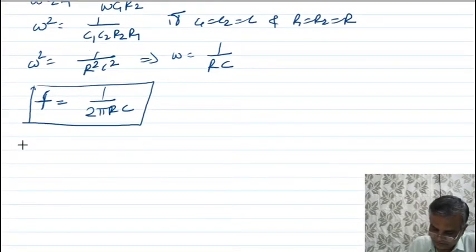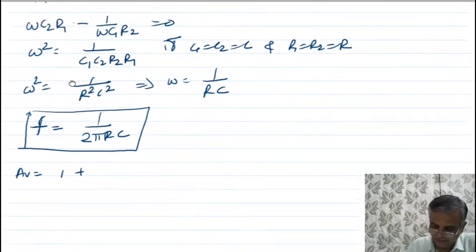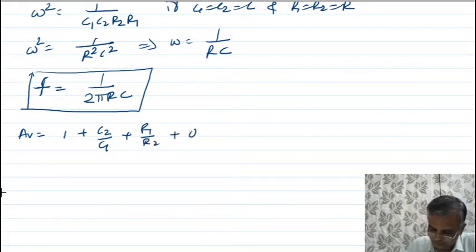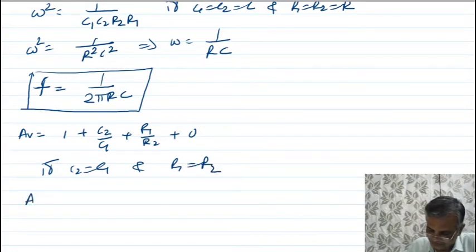So AV I can write 1 plus C2 by C1 plus R1 by R2 plus 0. Now if C2 is equal to C1 and R1 is equal to R2, then you can write gain is nothing but 1 plus 1 plus 1, it is 3.